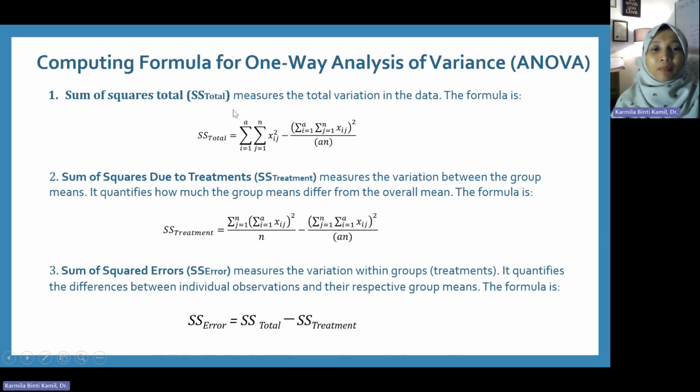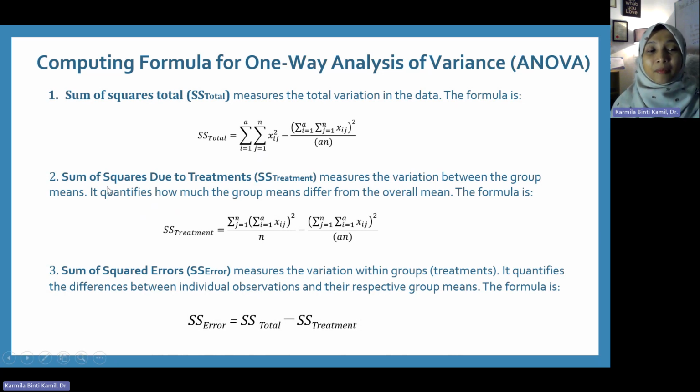So the formula is the summation of Xij squared, where I is from 1 to A, A is the number of levels, and J is from 1 up to N, the number of observations, minus the summation of Xij, squared, over number of levels multiplied by number of observations.